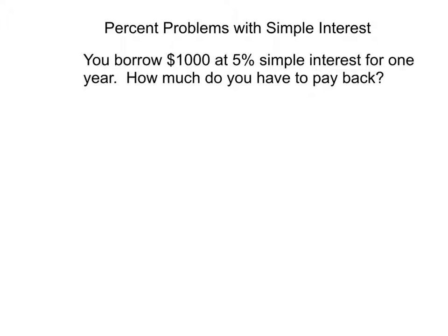The last type of percent problem I like to talk about is those dealing with simple interest. Let's say that you borrow $1,000 at 5% simple interest for 1 year. How much do you have to pay back? I could certainly solve this using proportions. However, because this is a simple interest problem, it adds one other level, because I am talking about how much time I am borrowing something.